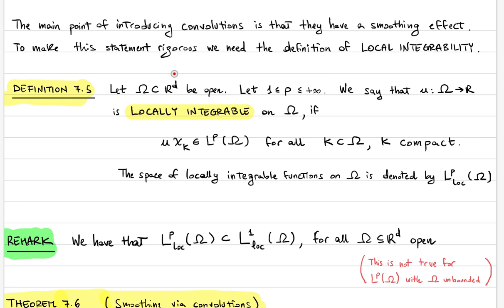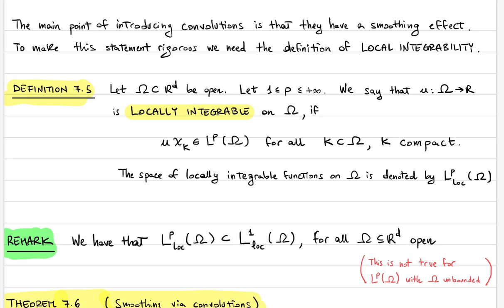Okay, so why do we introduce convolutions? We do that because they are very useful to smooth functions. So basically what happens is that if you have, say, an L1 function and you convolve it with another function which is smooth, the convolution between the two functions will result in a smooth function.